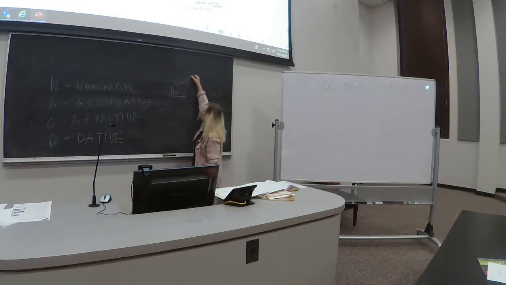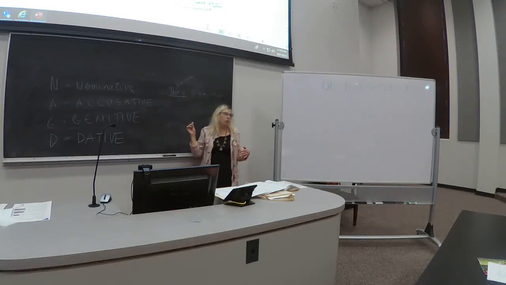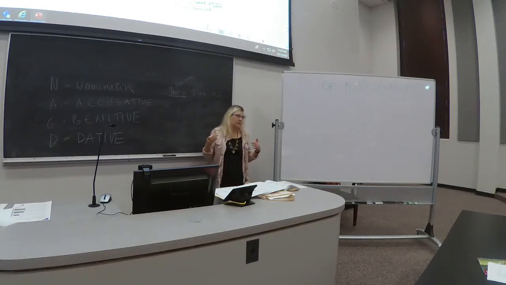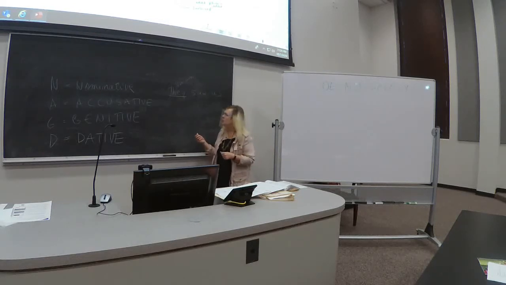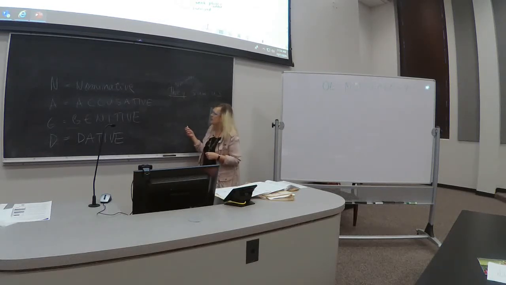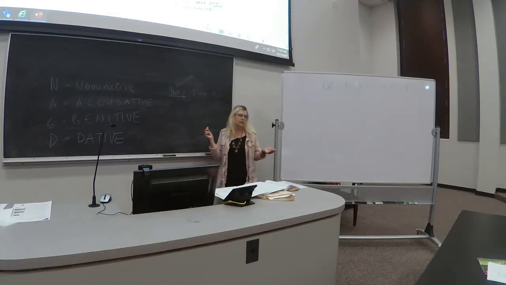In present day English, it doesn't make much sense to talk about cases, because we really don't have anything other than possessive and non-possessive, except in the pronouns, where we still have more of the Old English case system left. But for regular nouns, we don't inflect them for anything other than possessive in terms of case.